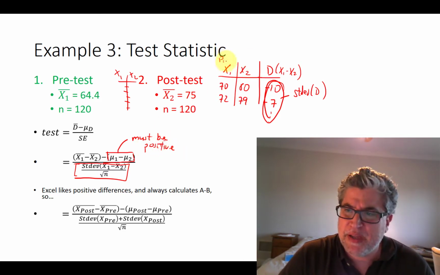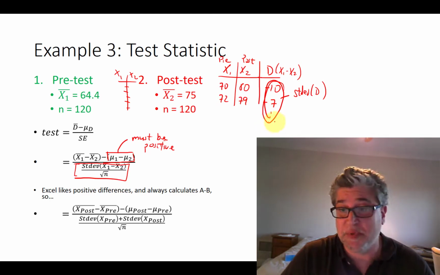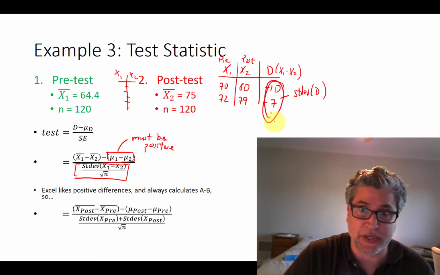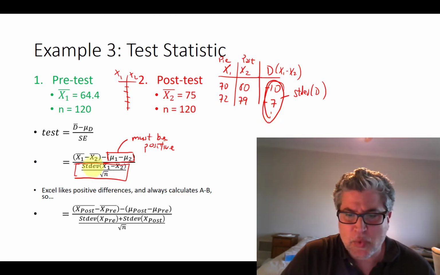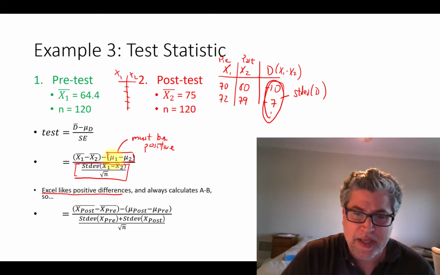But if we're doing pre minus post, that difference is probably going to be negative, assuming that the class actually does something good. So that's one particular peculiarity of Excel: this thing has to be a positive number.